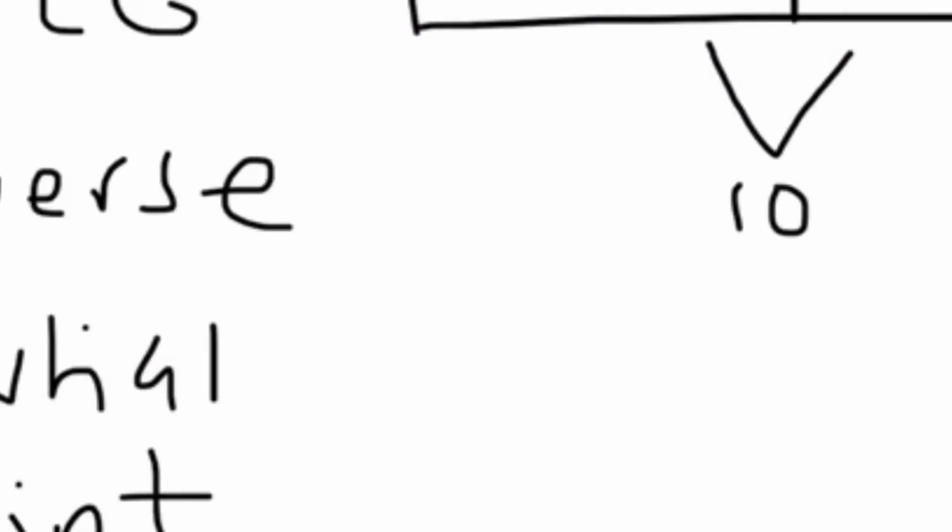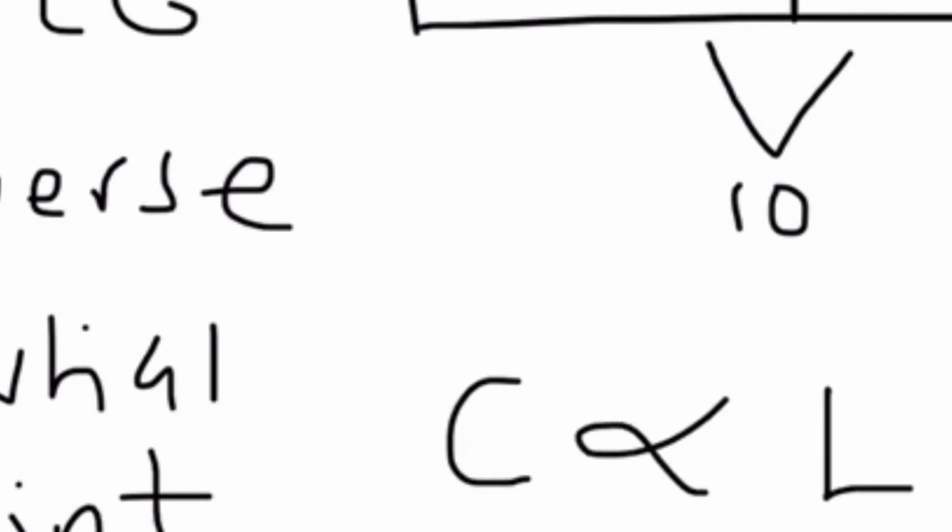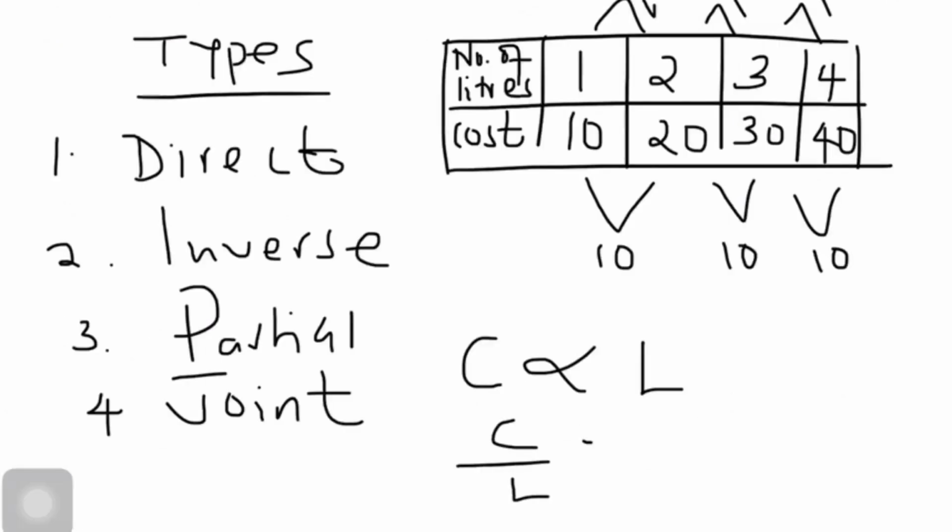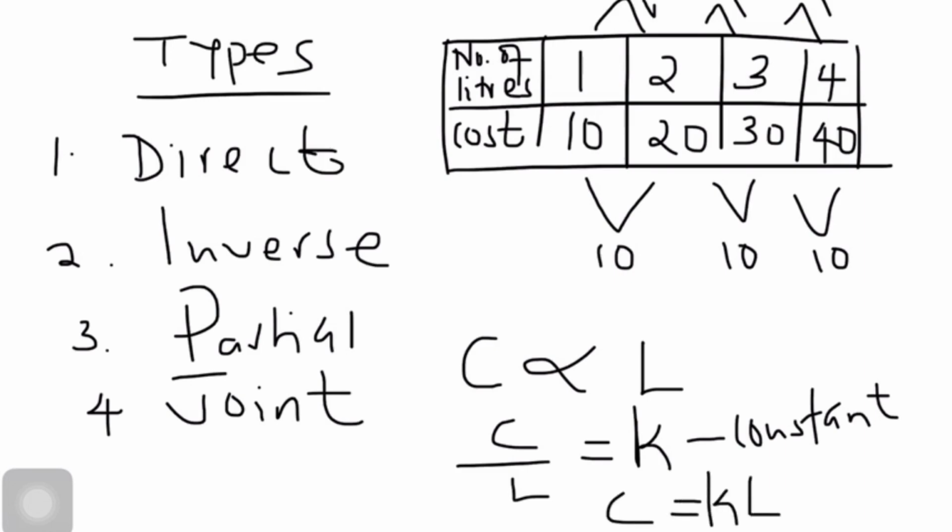Writing this mathematically, we say that C, which is cost, varies directly as L, which represents the number of liters. So C over L is equal to K, and this K is a constant. So C is equal to KL.